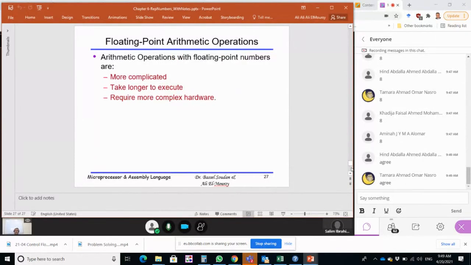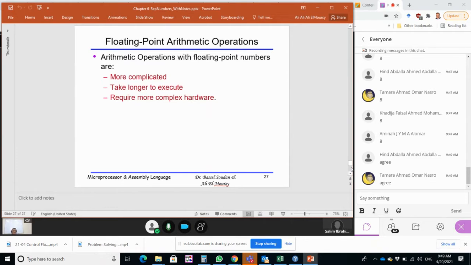Now remember that putting the number in floating point is a very big advantage, but this complicates the hardware dealing with the numbers. If the numbers are already in floating point, performing mathematical operations is much more difficult. Nothing comes for free. That's why arithmetic for floating point is not easy. We will only learn the simplest thing, which is addition and subtraction.